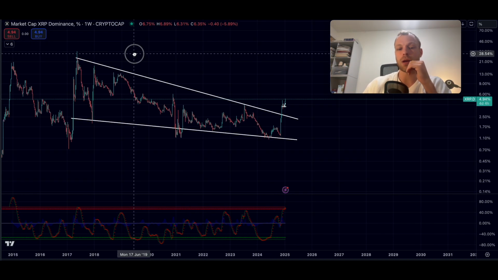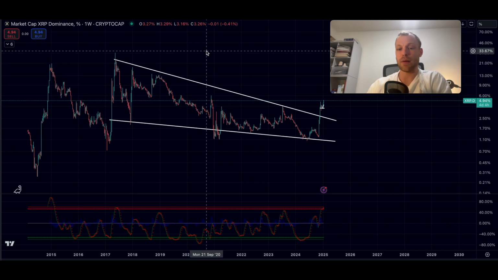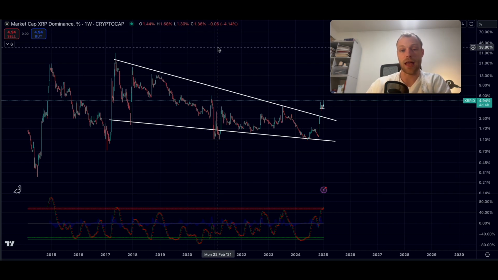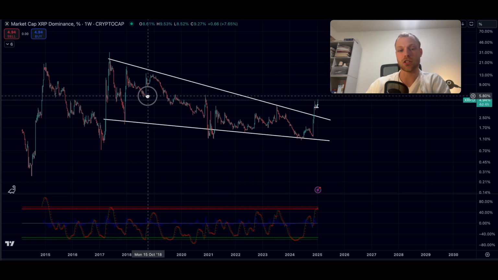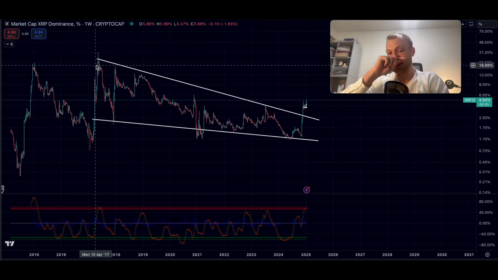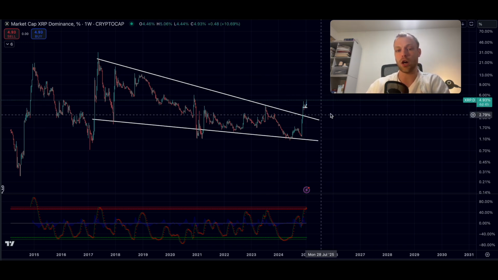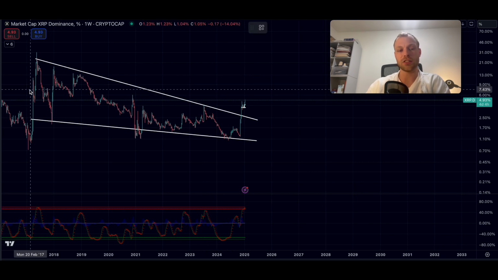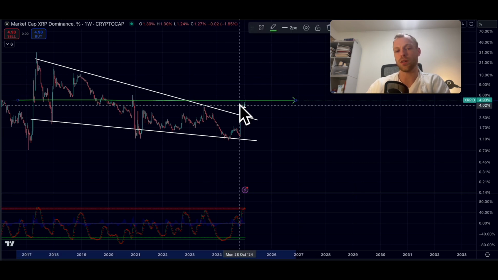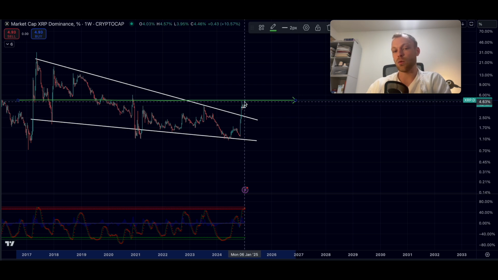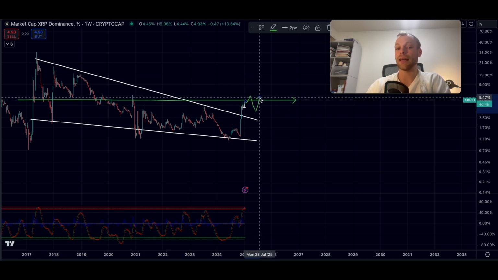Then we go to the XRP dominance, and this is something that I've been mentioning a lot, which I have not actually seen anyone else mention. But what we can see right here is that since 2017, we have basically been in a downtrend, and it looks like the downtrend has been broken to the upside. And of course, this also runs into a little bit of resistance, and we could always chop around a little bit or maybe get a correction.